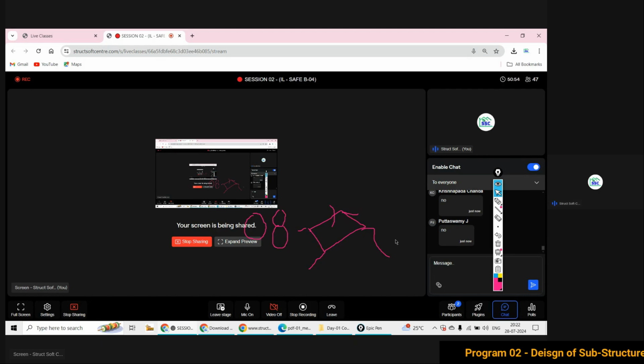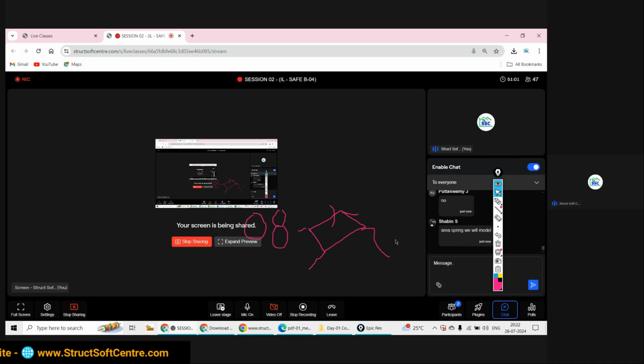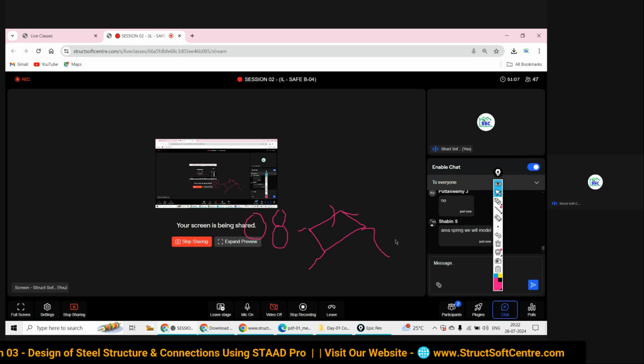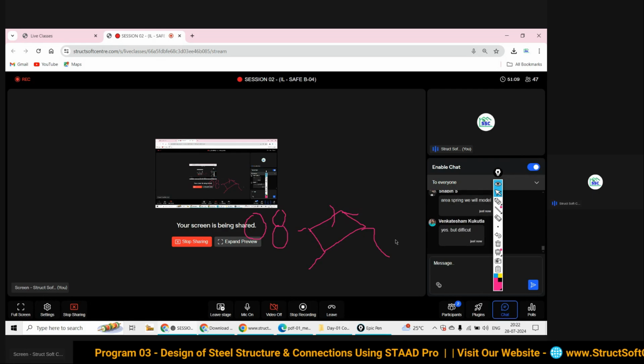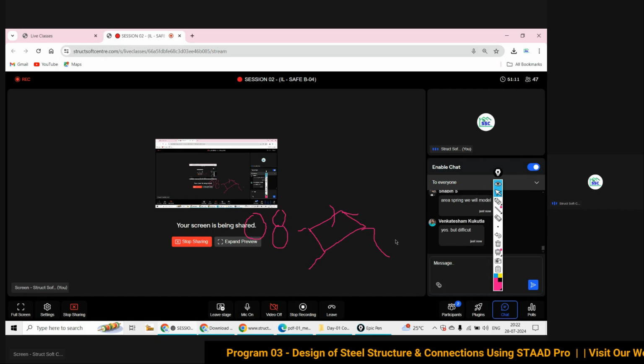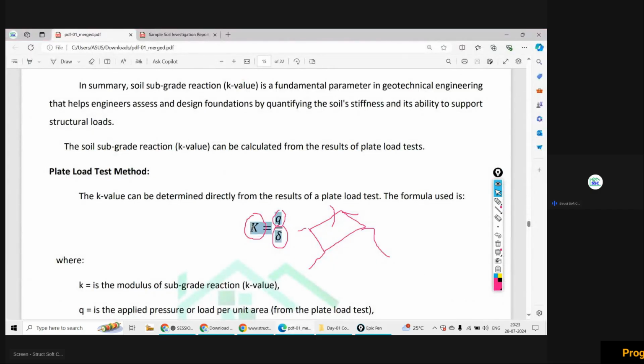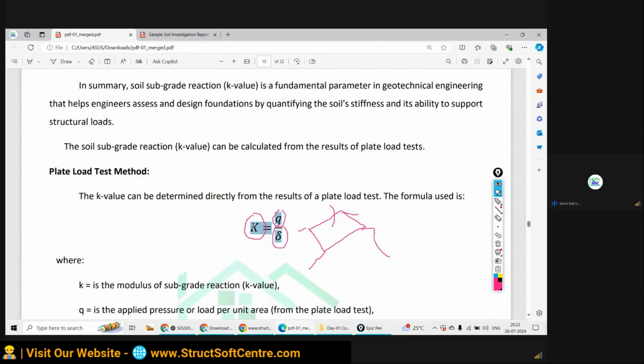In actual practice we should model the soil for our proposed land and proposed structure, but there is no scope or availability to do the modeling for the soil. So that's why we relate it with the spring concept.